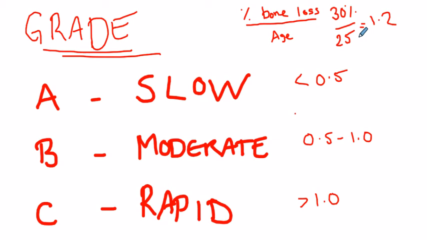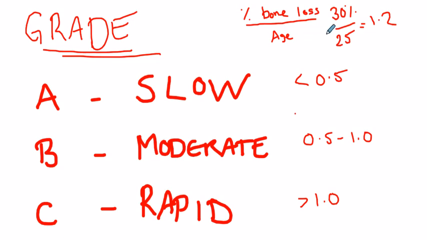So the 25-year-old is less than the age above, so therefore you know that it's going to go into that more than one, so it's going to go into that rapid section. If you get stuck with that, just go back to the basics of percentage bone loss divided by the age.